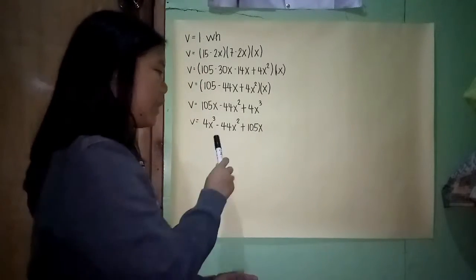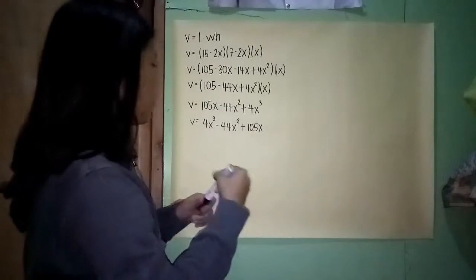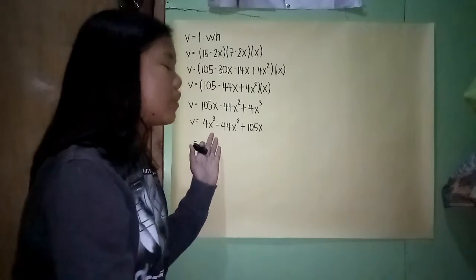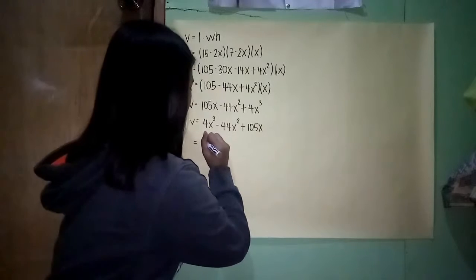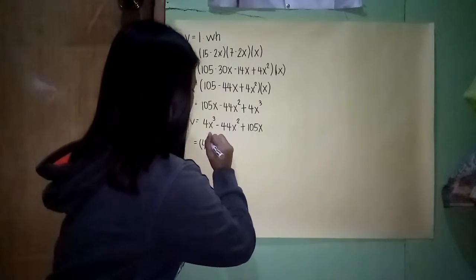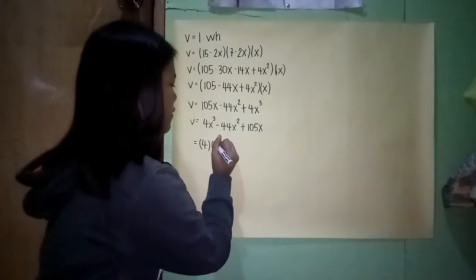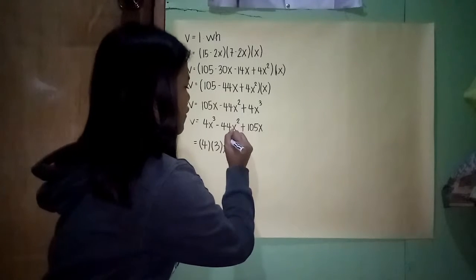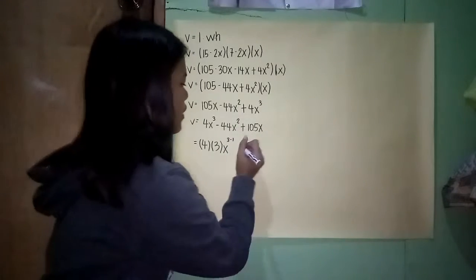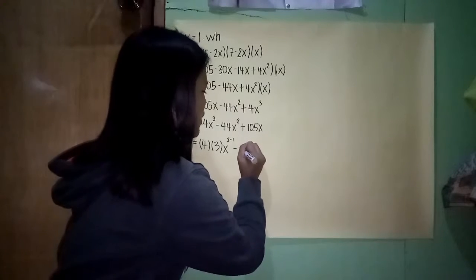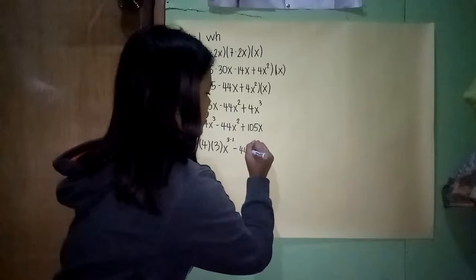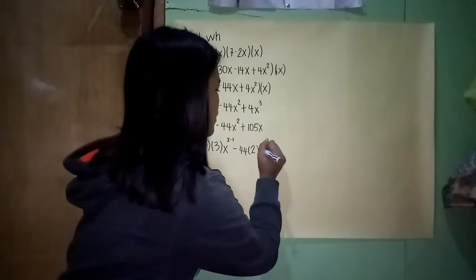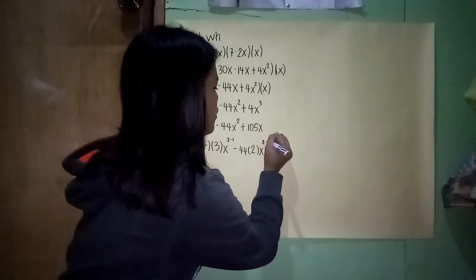So now we are going to find the derivative of this function. We're going to use the power rule to find its derivative. So 4 times 3x to the power of 3 minus 1, minus 44 times 2x to the power of 2 minus 1.